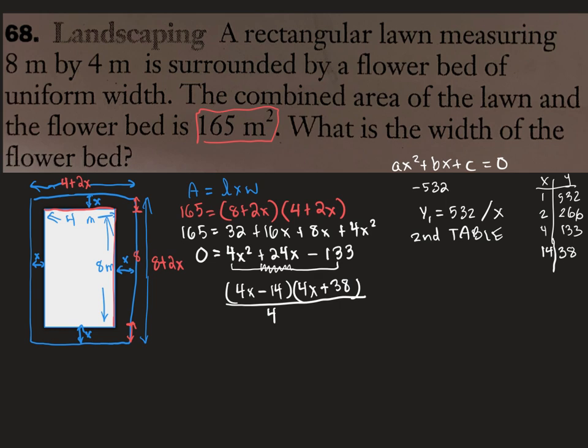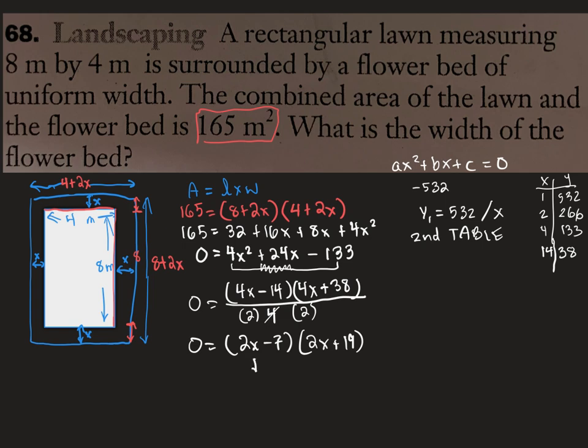Then we want to divide 4 into one of them, but it doesn't go into either completely. So 4 breaks down to 2 times 2. We divide 2 into the first factor to get 2x minus 7, and 2 into the second factor to get 2x plus 19, and now we are factored. If you do decomposition, you should still end up at this place.